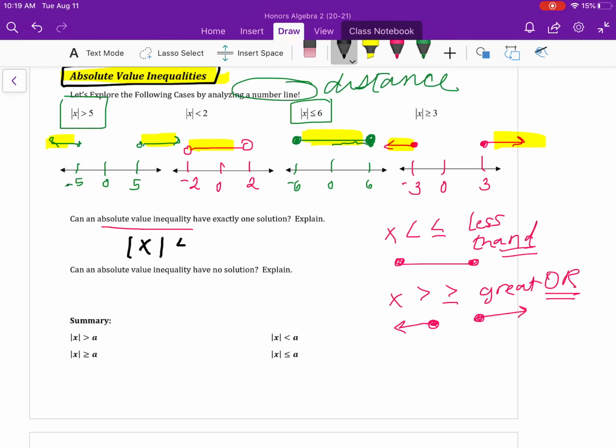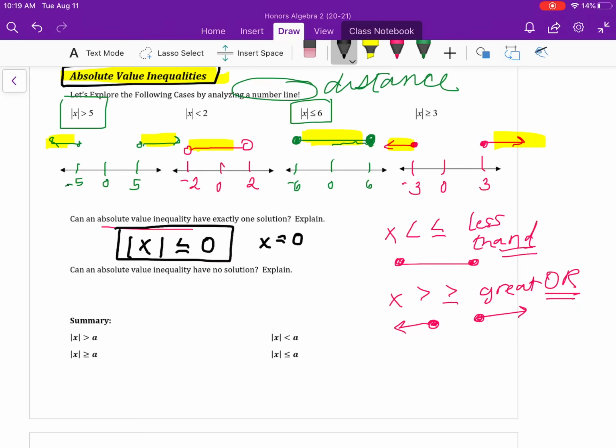The absolute value of x is less than or equal to 0. The distance from 0 is less than or equal to 0. Here's why this only has one solution. The only number that works for this is x equals 0, right? Because the distance from 0 is equal to 0. Anything bigger or more negative than this is going to eventually have a distance from 0 that's bigger than 0.